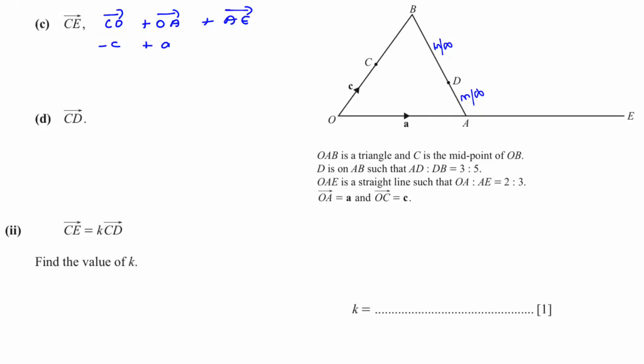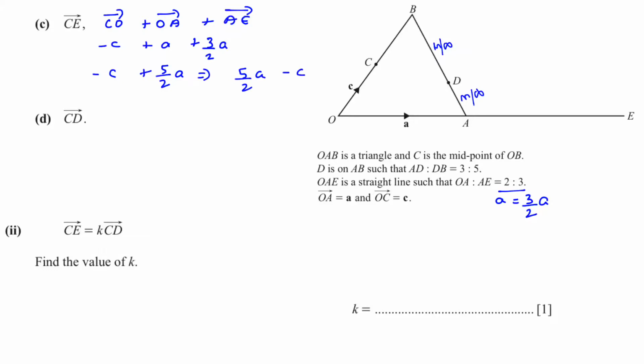AE is in the ratio of 2:3. So OA is A, correct? So AE will be 3/2 A. And when you add it, you will get 5/2 A. We'll just put the positive variable first, so 5/2 A minus C.